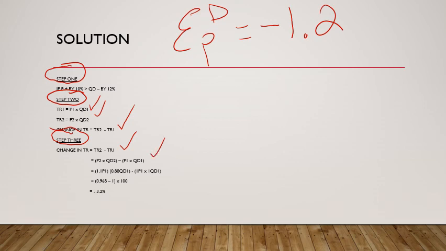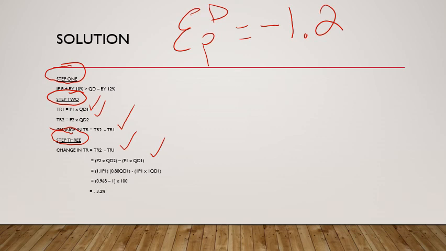All right? Now, once again, we don't have P1, we don't have P2, we don't have QD1, we don't have QD2. What we have, however, is knowledge that the difference between P1 and P2 is 10%, and that the difference between QD1 and QD2 is 12%.